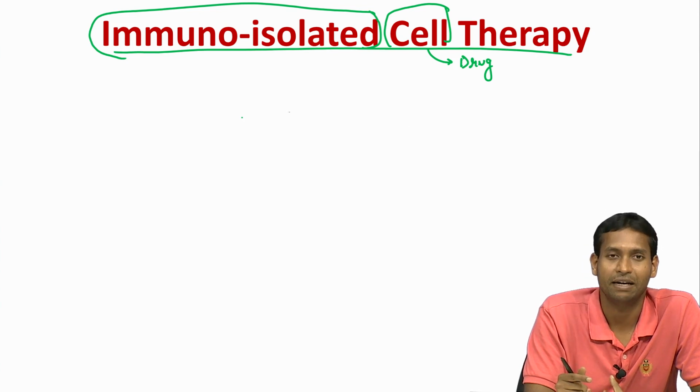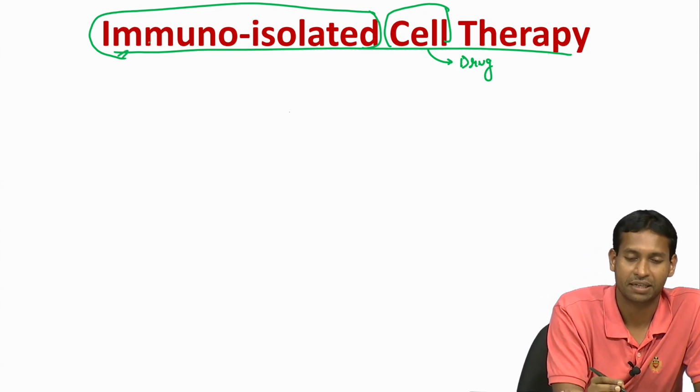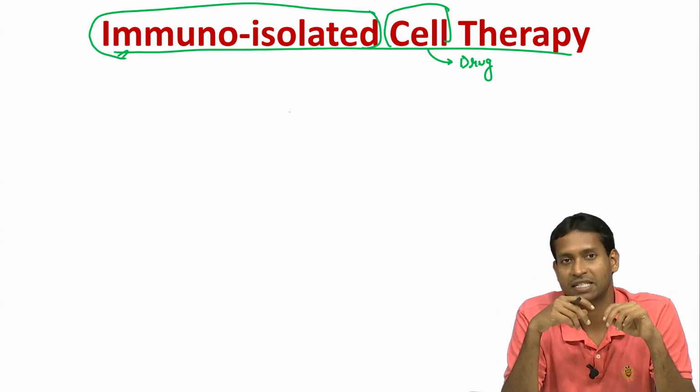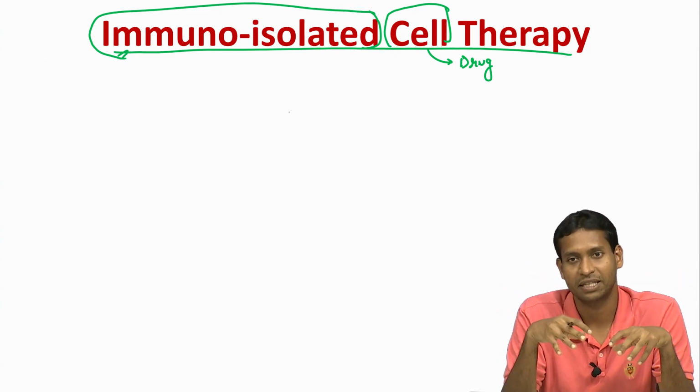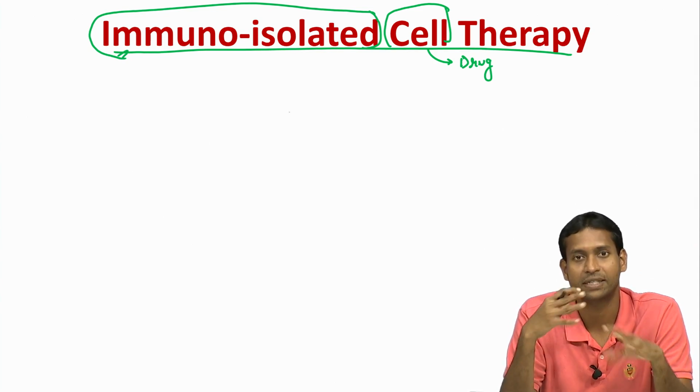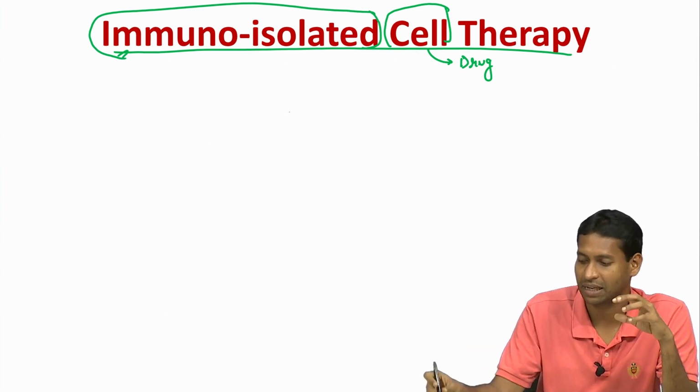So, to prevent that, we want to make sure that this is immunoisolated. So far we were talking about how to generate an immune response against a vaccine. Now we are just doing a reverse in this case. We are trying to make sure that the immune response is not generated against whatever you are delivering, and in this case this is a cell.